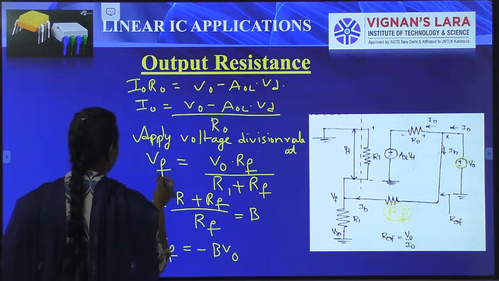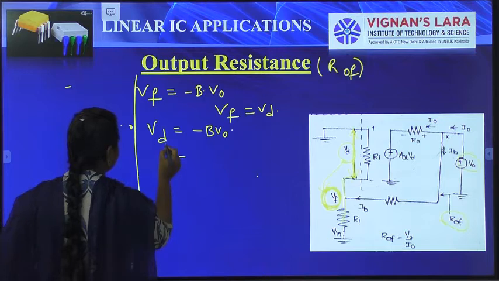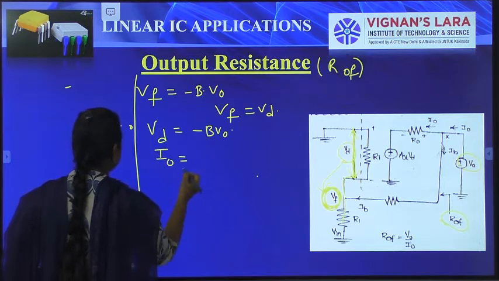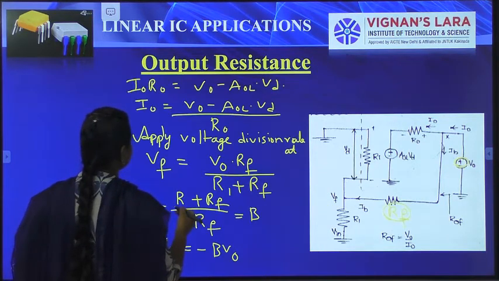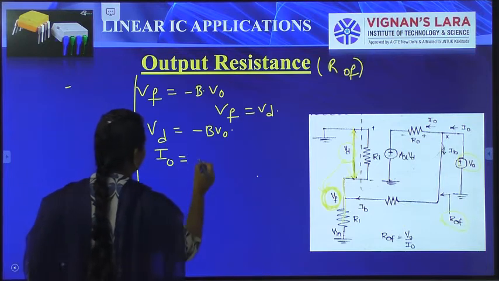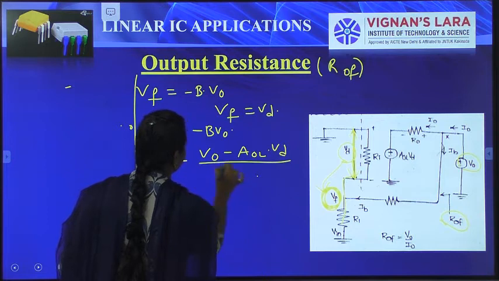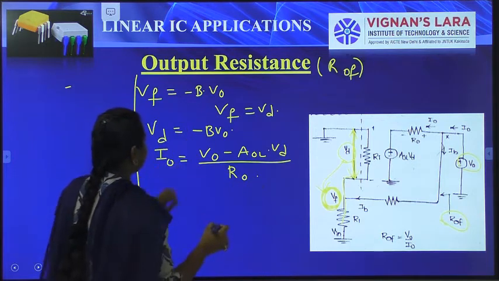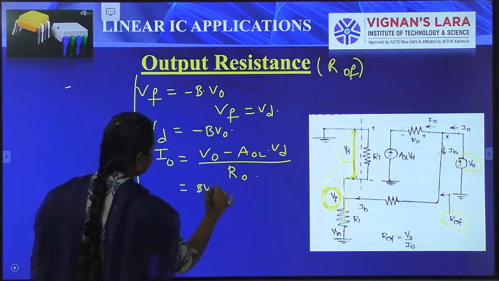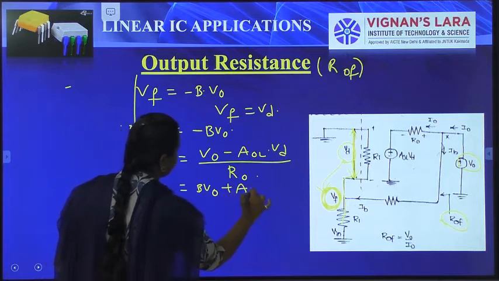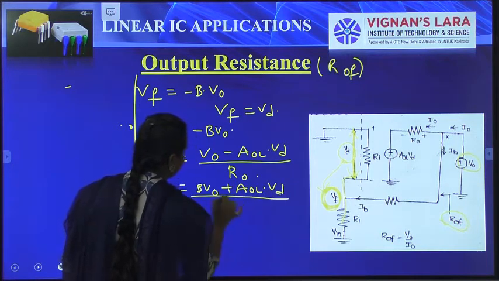In the I naught we have I naught is equal to V naught minus AOL VD by R naught. So in place of VD we can put minus B V naught, so B V naught plus AOL VD by R naught.